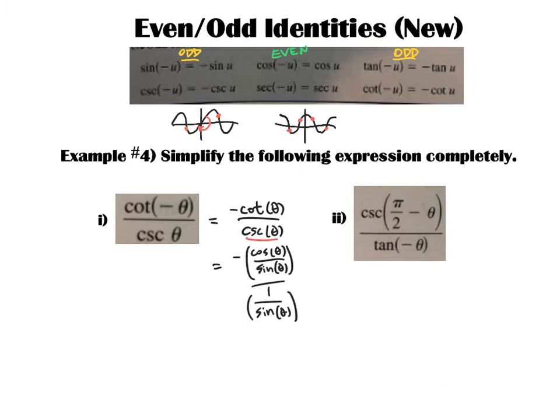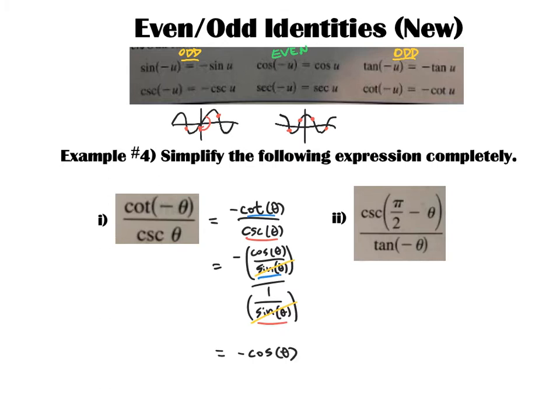Just so we know, cosecant theta is 1 over sine theta, and cotangent theta is cosine over sine. And now we reduce. You're going to start to get used to reducing, or you can multiply by the reciprocal, and it looks like our answer comes out to be negative cosine theta.